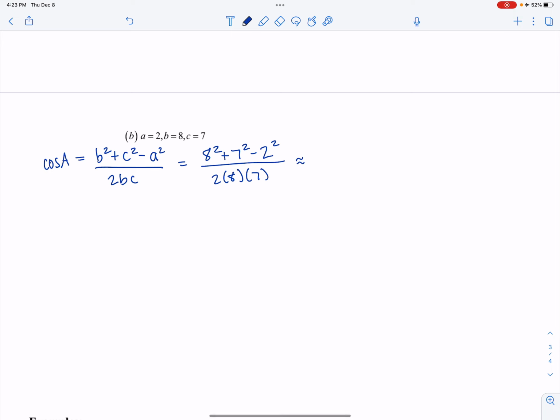It's approximately 0.973. So A is cosine inverse of this value, which is approximately 13.29 degrees.